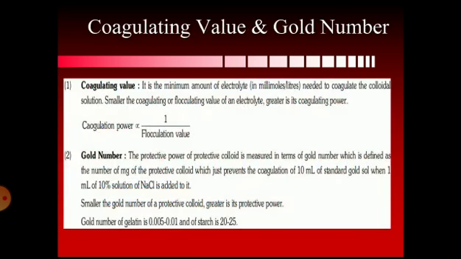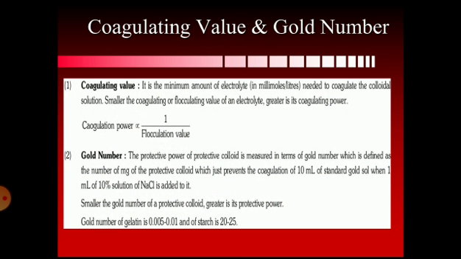Next, coagulating value. The coagulating value is the minimum amount of electrolyte needed to coagulate the colloidal solution. Smaller the coagulating or flocculation value of an electrolyte, greater is its coagulating power.